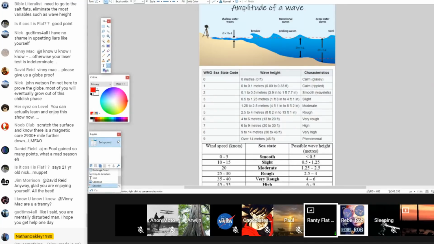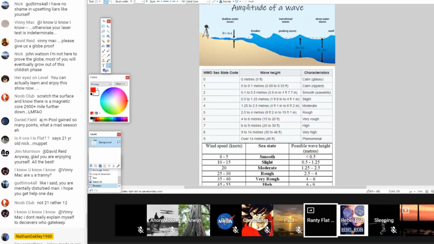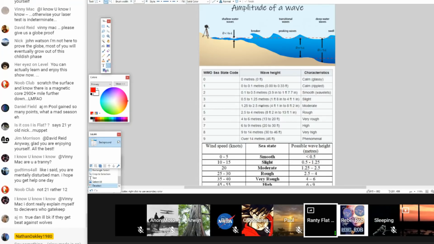Yeah, and one other thing I would like to say is that they also state that whatever the significant wave height is per area. So let's suppose you wanted to find out what the significant wave height was for Rottnest, and they said it was 2.5 meters. What they also say is that 1 in 8 of those waves will be higher than the significant wave height given.